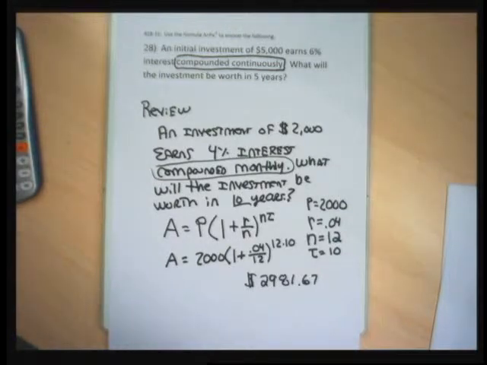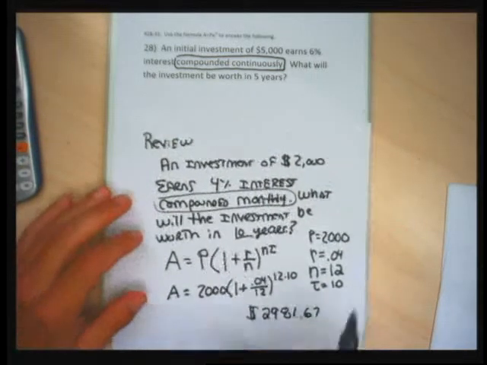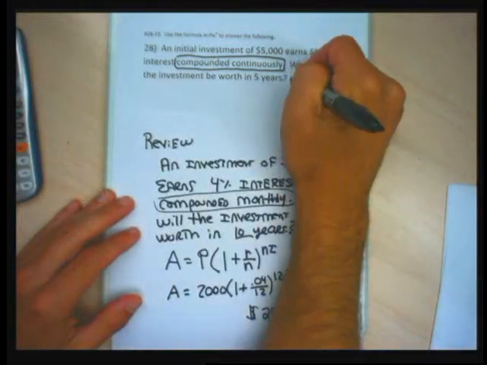It's not like a new word, but in mathematics, for interest purposes, it means I'm getting interest more than monthly, more than once a day, more than once an hour, more than once a second. I'm getting interest more than every 1/1,000,000th of a second. I'm constantly getting interest. And when I see the word compounded continuously, that means the n is equal to infinity.